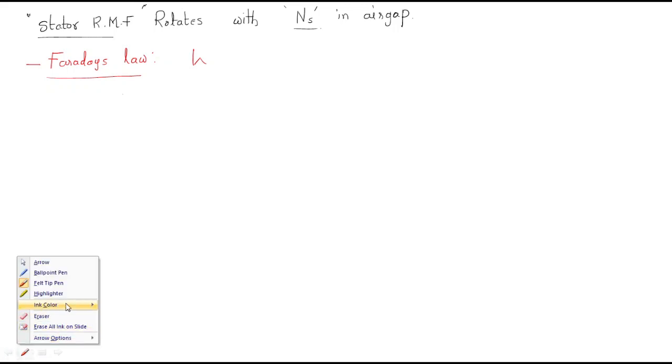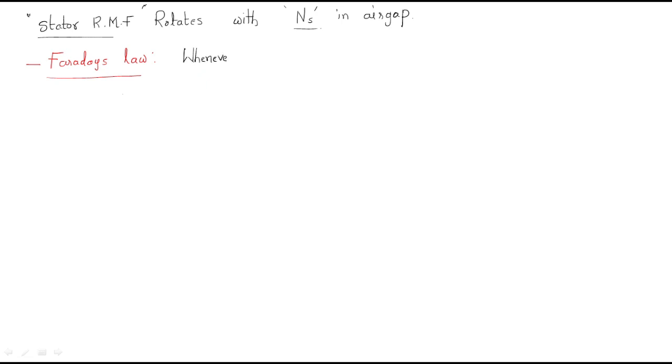We have to write the statement first: Faraday's law states that whenever a conductor cuts the magnetic field, it induces EMF. That means conductor cuts the magnetic field means we have to have an idea.